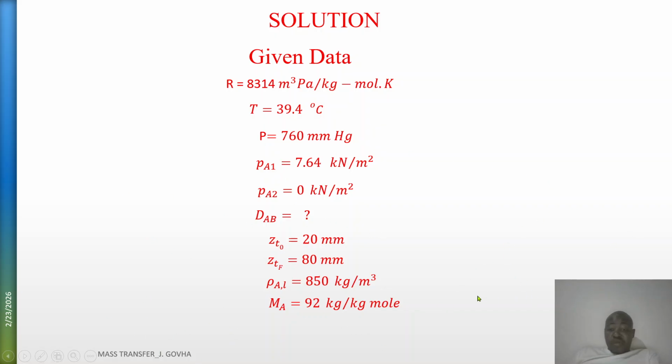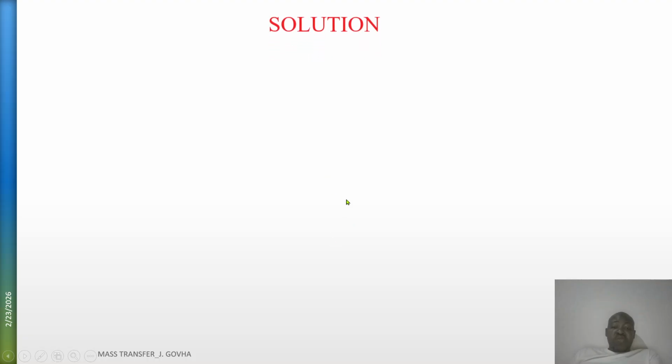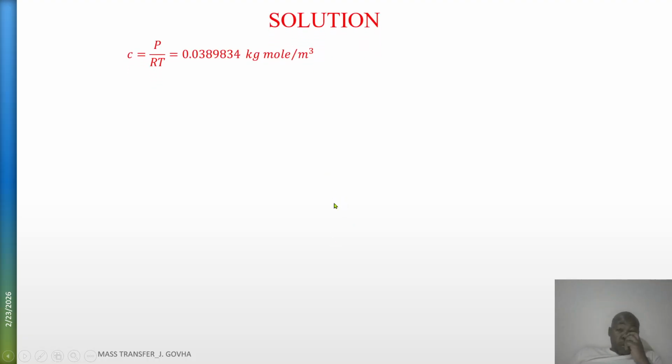Right. So you can either make use of the equation with partial pressures or mole fraction. For this problem, let's make use of the equation with mole fraction. So that means we would need to first convert our data that is in partial pressures to mole fraction.